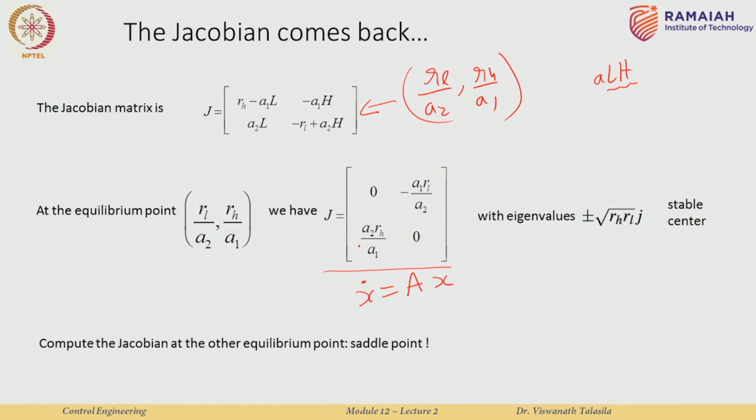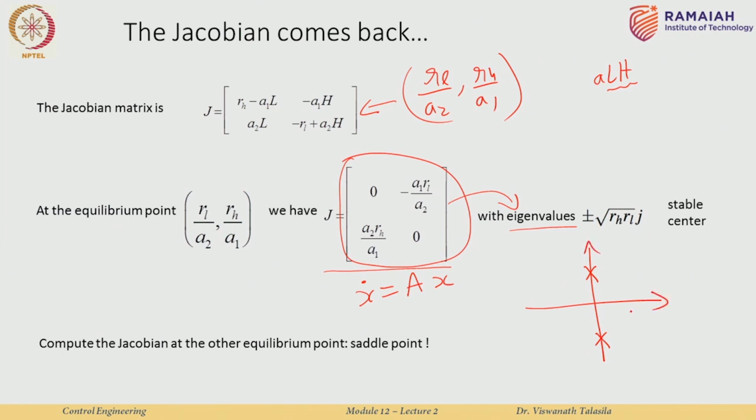So, now we have x dot equal to A x. This entire Jacobian at the equilibrium point is A, and the first thing you would always do is to compute the eigenvalues. When you compute the eigenvalues of this matrix A, in this particular case you see that the eigenvalues lie on the imaginary axis.